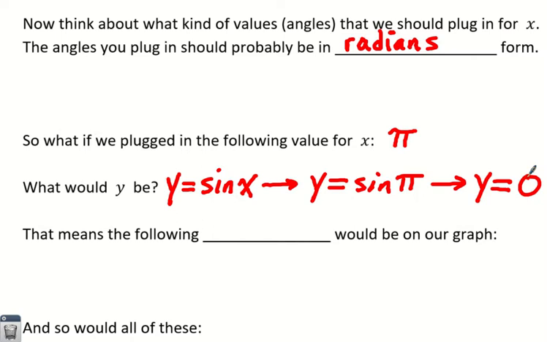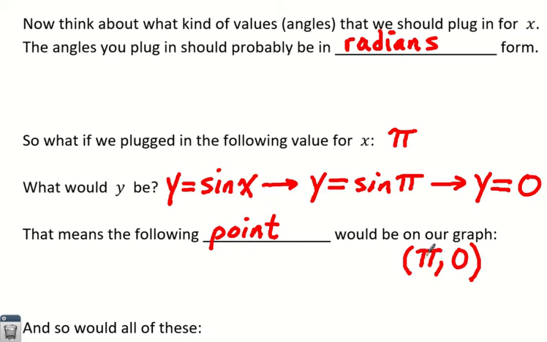So that means the following point, like I hinted at a minute ago, would be on our graph: pi, comma, 0. Right away, we could figure out where this point is.